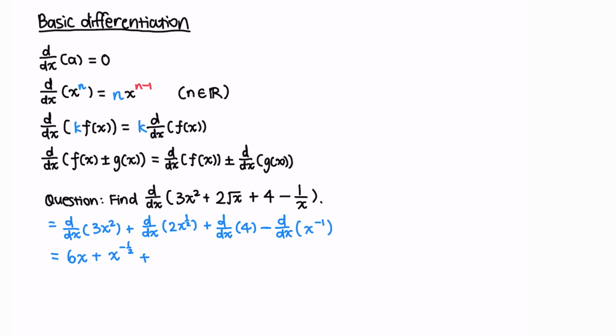So if I differentiate that, I'll bring the -1 down, and then I'll have x to the power of -1 minus 1, which is x to the power of -2. And simplifying this, I'll just get 6x plus 1 over square root x plus 1 over x squared, and that's my answer.